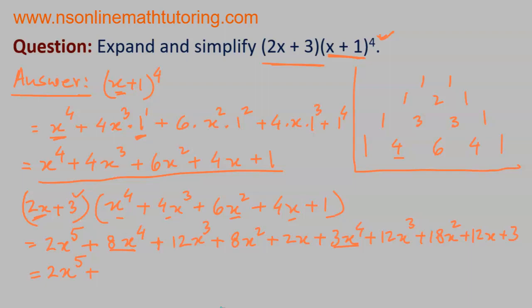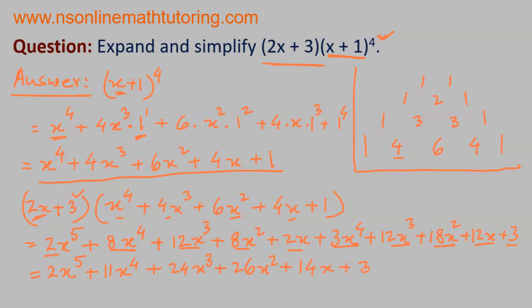So it is plus 11x to the power of 4, 12x cube and 12x cube plus 24x to the power of 3 or x cube. 8x square and this is 18x square plus 26x square, okay, plus 2x and 12x, 14x plus 3, okay.